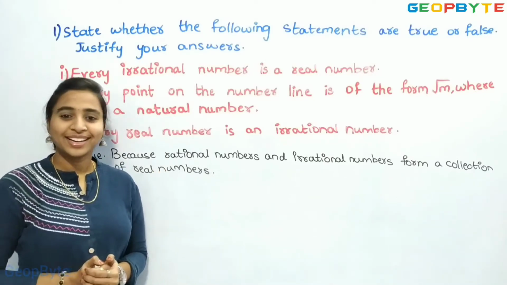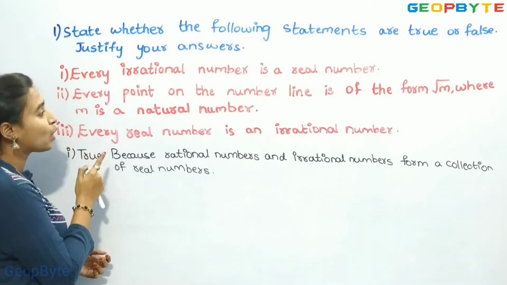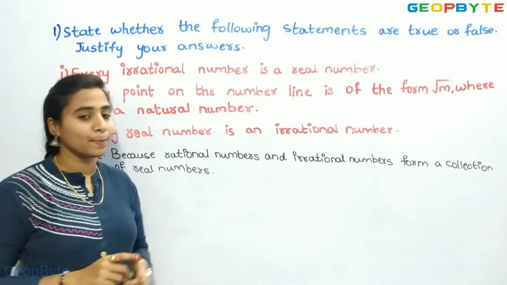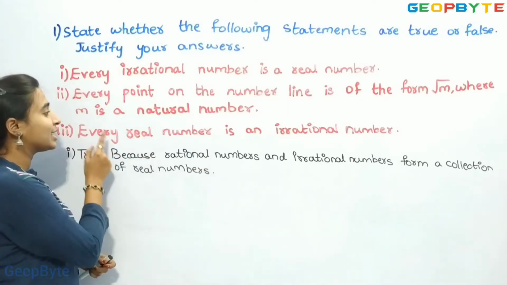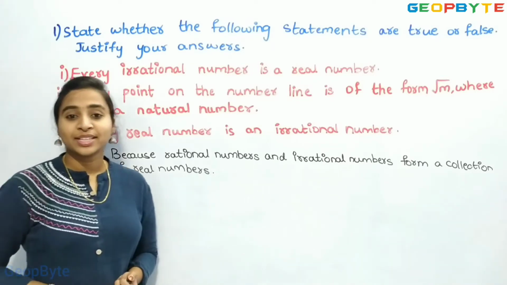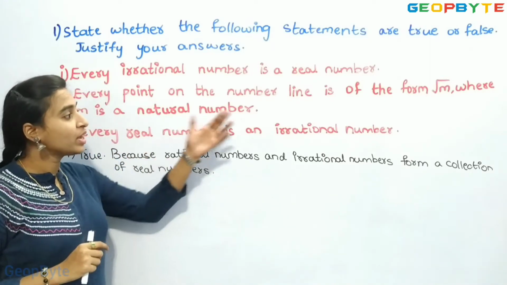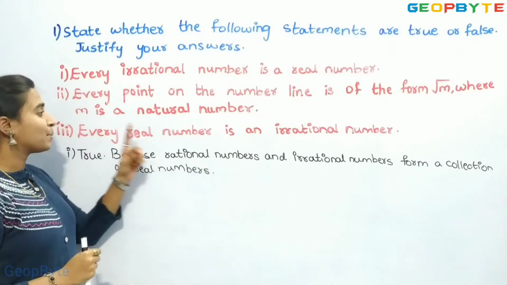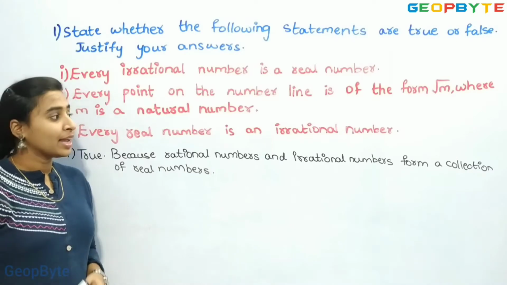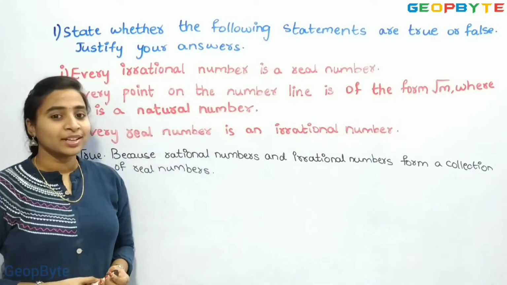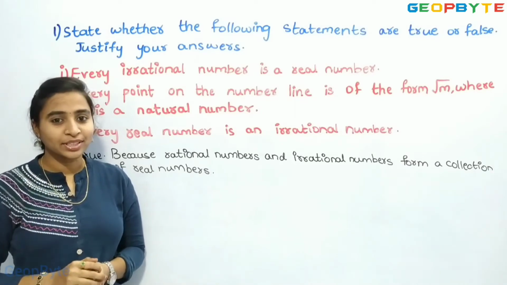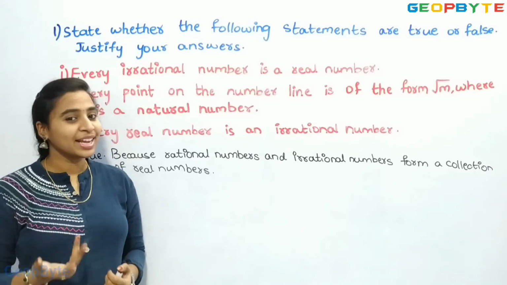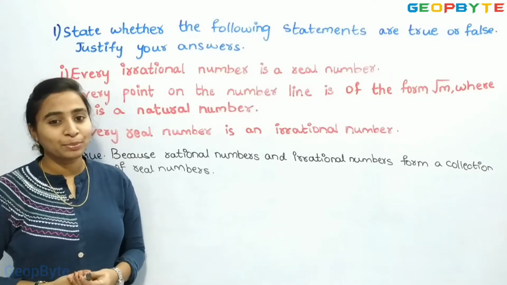Now, let us see next statement. Every point on the number line is of the form root m, where m is a natural number. See, on a number line, if we have the number in the form of root m, where m is a natural number, under roots there will not only be natural numbers, there can be whole numbers, integers and rational numbers and irrational numbers.